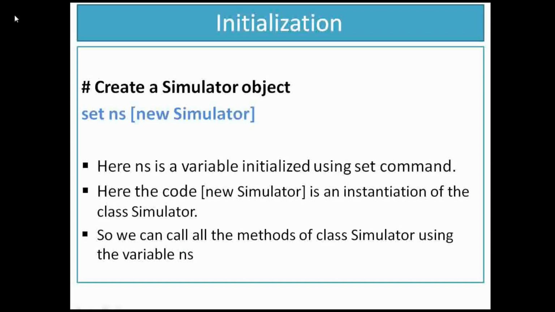Always remember that the first character S of Simulator will be a capital letter because Simulator is a class name. So we can call all the methods, that means the member functions of class Simulator, using the variable ns.